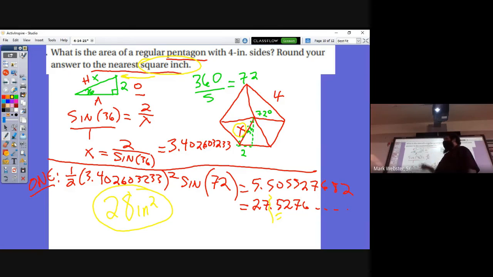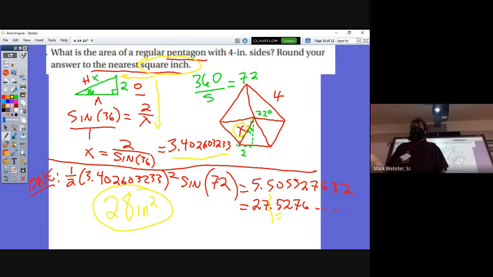All right, make sure that you know how to use this. Then write your equation, solve for the radius, figure out what it is, and then you're back to where you started. Square the radius, divide by 2, multiply by the sine of the pizza slice angle. There's your triangle. How many triangles are there? Multiply by that much, and then you're done.